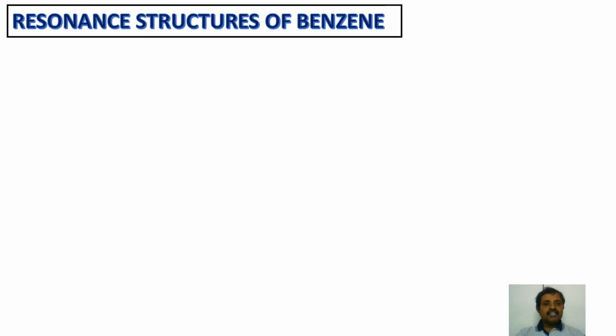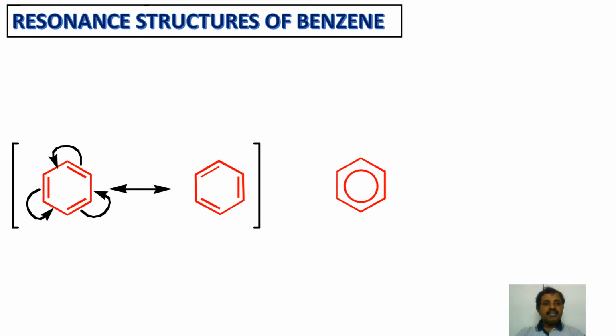Now let us consider the resonance structures of benzene. If you see the benzene molecule, one of the canonical structures of the benzene molecule, as the electrons are moving, you are able to get a new structure. You can see here, when the arrow mark is moving like this, it is forming a double bond, and this arrow mark is moving like this, and here forming a double bond.